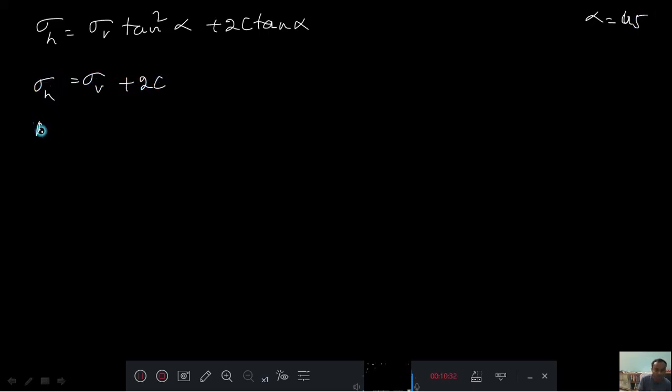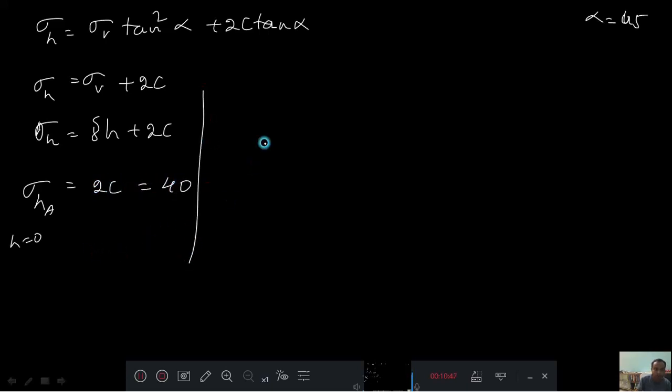Then sigma h, I can write it as gamma h plus 2c. Therefore at point A, where h equals 0, sigma h is 2c, therefore 40. And sigma h at point B at the bottom is gamma h plus 2c.